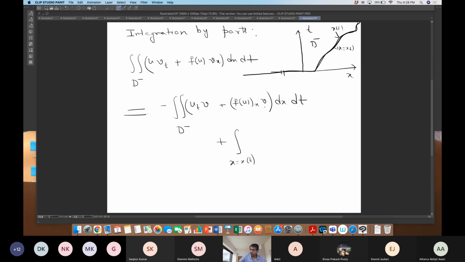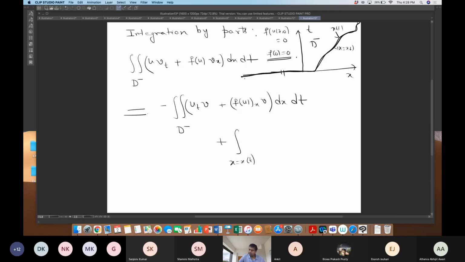Here u is 0, so nothing will come. For f of u also, I assume f of u at x0 is 0. That means f of 0 is 0, I assume. Then nothing comes in this part.